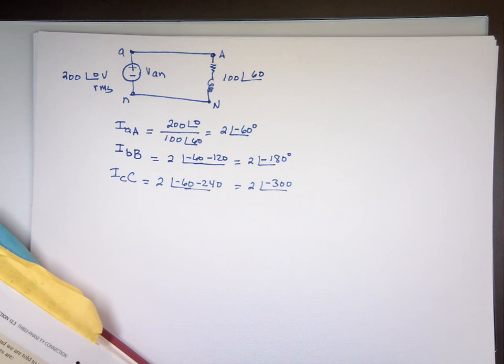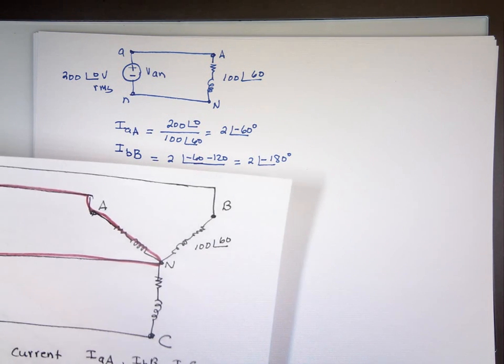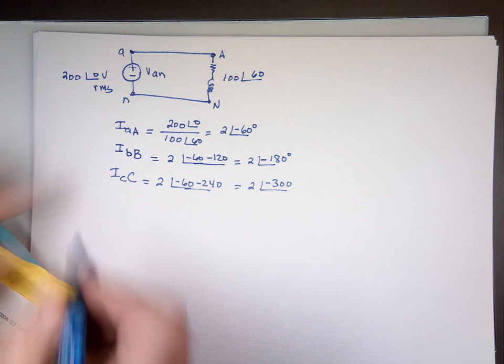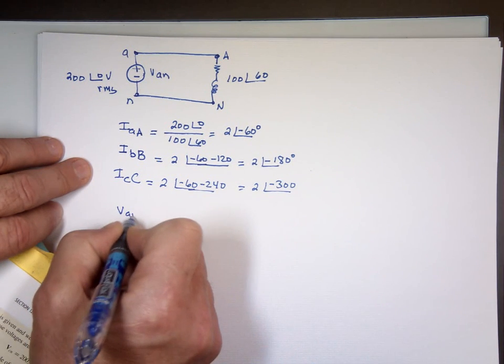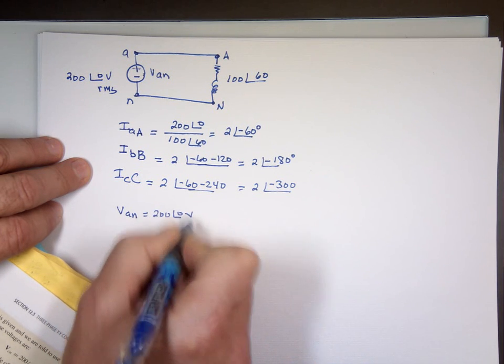So I answered the first three questions. What is I sub A, B, B, and C, C? I also know that VAN happens to be what? 200 angle 0 volt RMS, right?